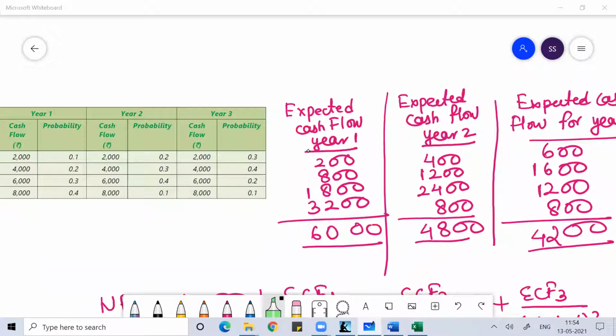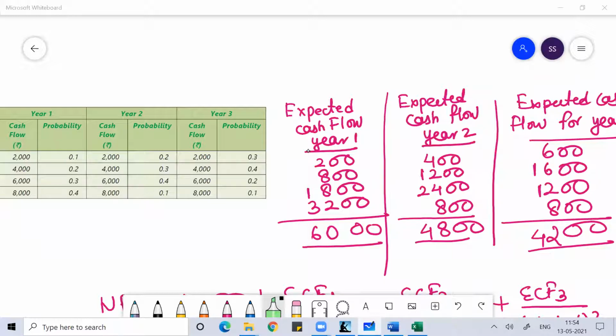So I determined the present value of those cash flows, and once I got the present value, I subtracted the sum total of that present value from the initial investment, and the value I get is the NPV of the project.